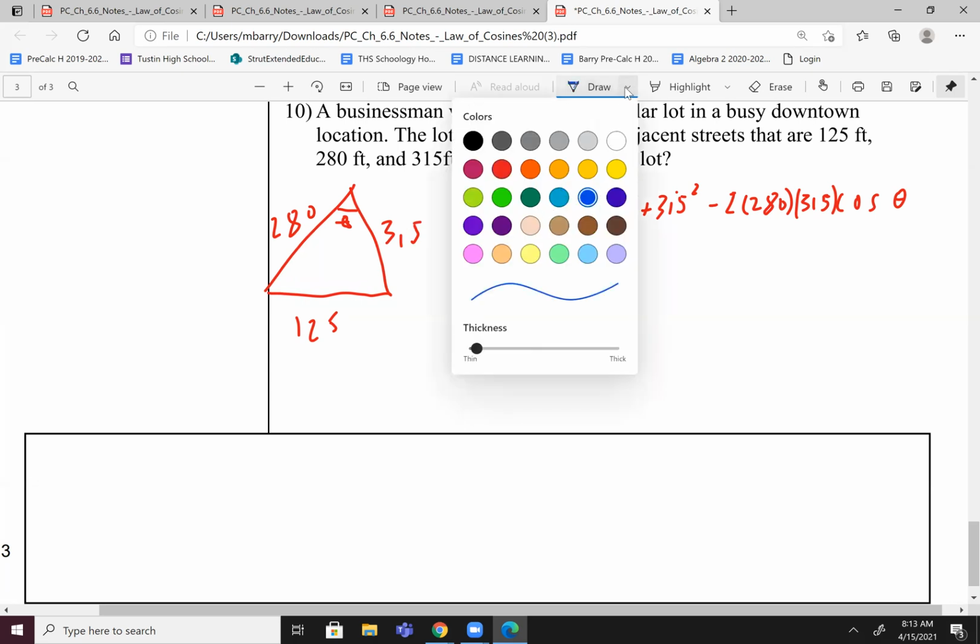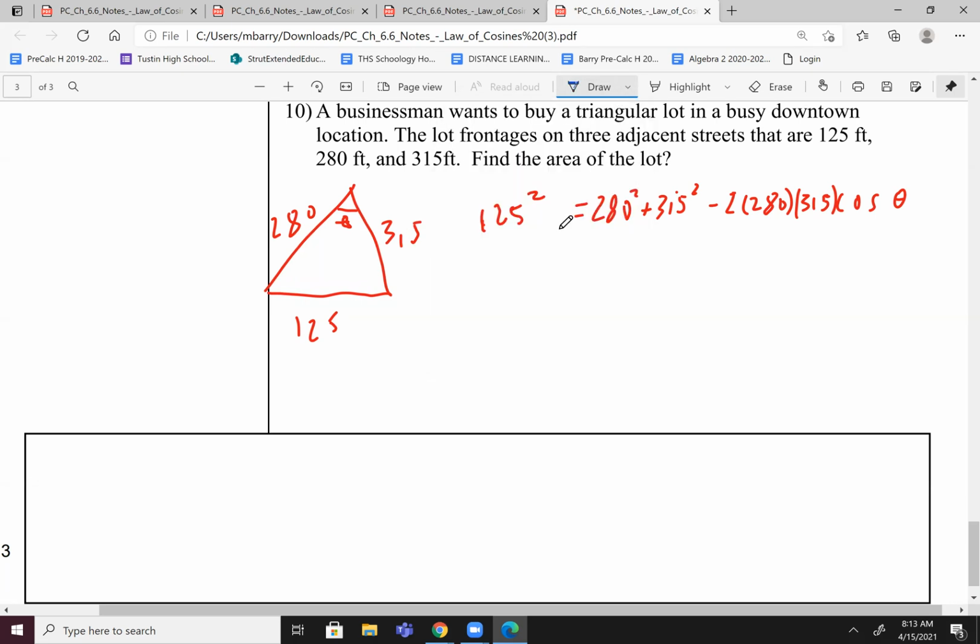Okay, so now we're using law of cosines to find an angle, which I told you guys on Tuesday was much more difficult than using it to find a side. My advice was always to do 3 separate calculations as your next step once you set that up.